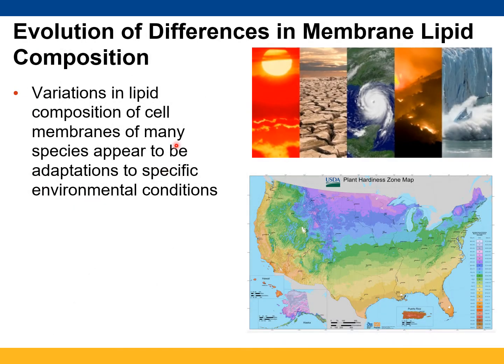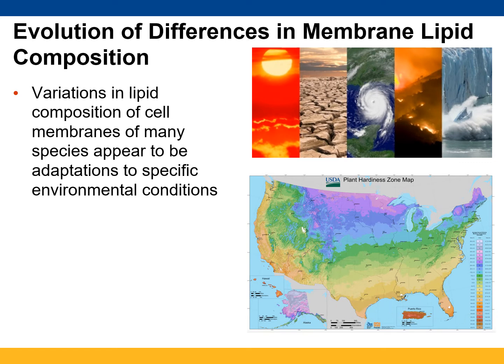And lots of data has shown us that variations in cell membrane go hand in hand with the kind of climatic zone that a plant or an animal will inhabit. This map right here is actually a guide for showing you what plants will do well in different zones and what plants will not do well in different zones.